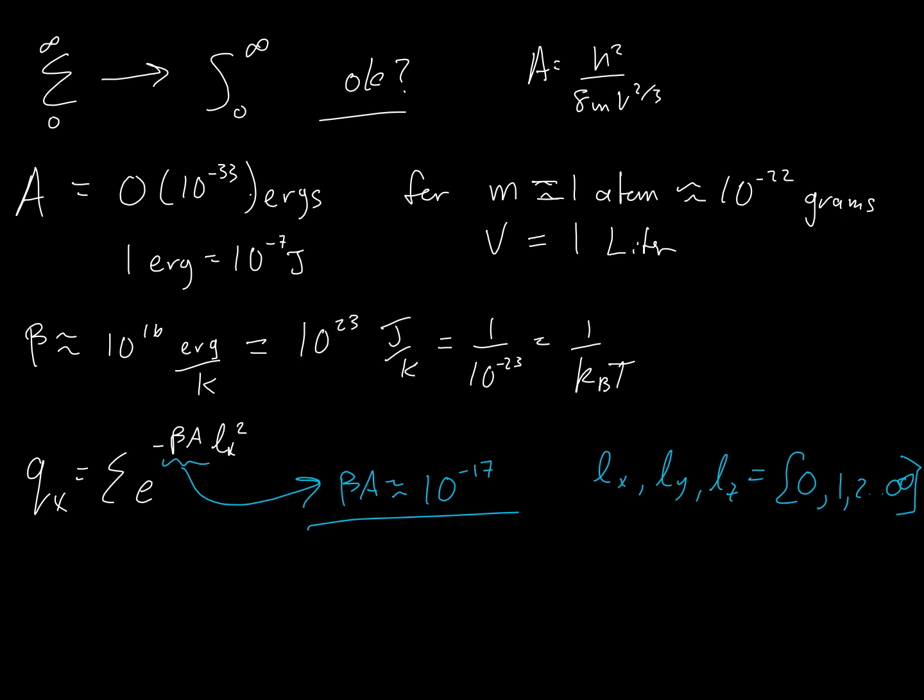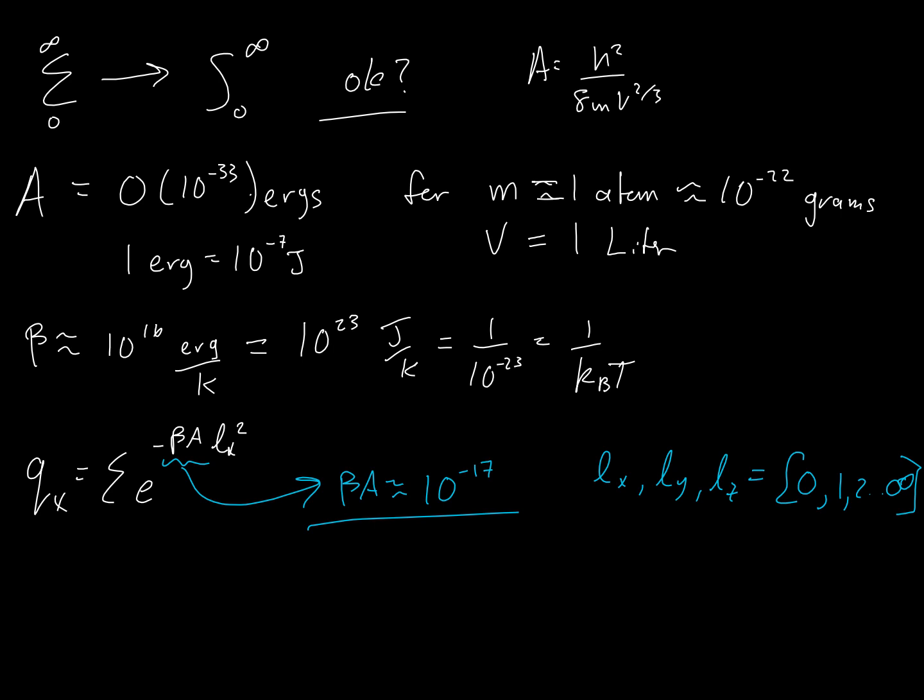Okay, so if we do it in terms of ergs, what's minus 33 plus 16? What does that work out to be? Is that 17? Yeah. But yeah, we can go through this. I won't be able to reproduce it right now off the top of my head.